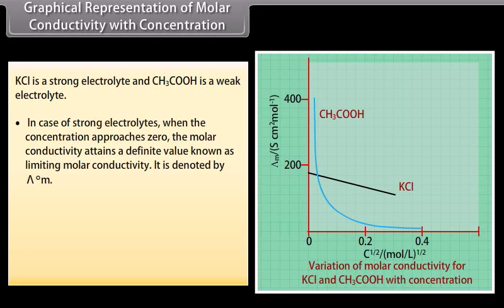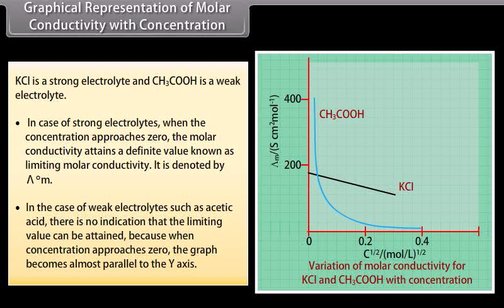In case of strong electrolytes, when the concentration approaches zero, the molar conductivity attains a definite value known as limiting molar conductivity. It is denoted by Λ°m. In the case of weak electrolytes, such as acetic acid, there is no indication that the limiting value can be attained, because when concentration approaches zero, the graph becomes almost parallel to the y-axis.